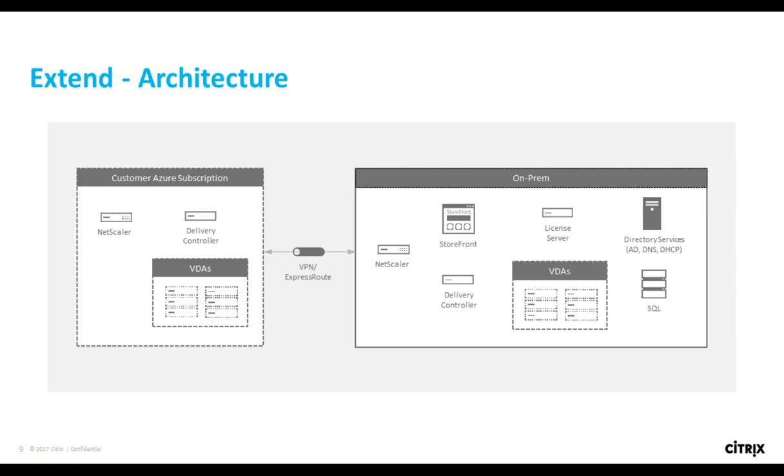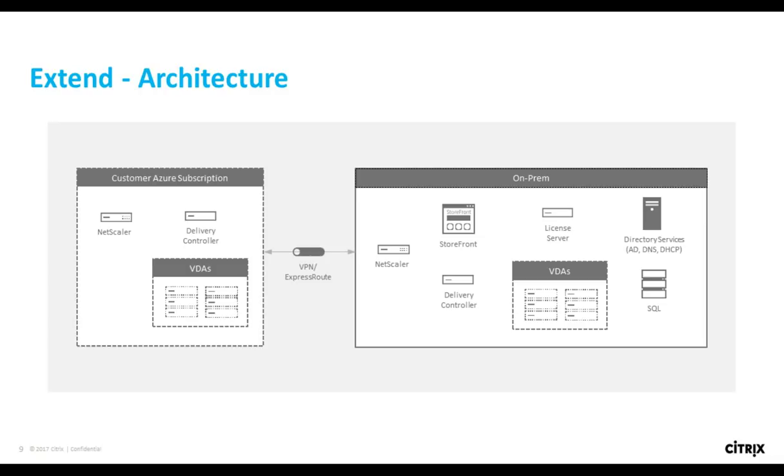Extend, again, it gets into setting up that VPN or ExpressRoute or a Direct Connect if you're using AWS, where you'd have your on-prem infrastructure like your primary zone with the 7.15 LTSR architecture, traditional Citrix, and you'd then create a secondary zone within one of your public cloud subscriptions or multiple.